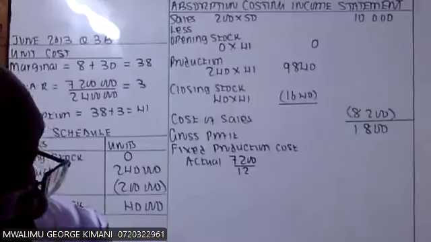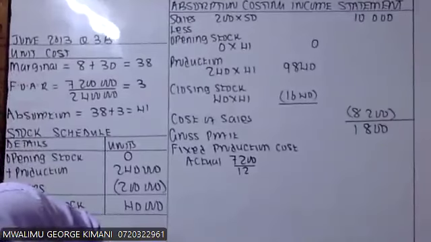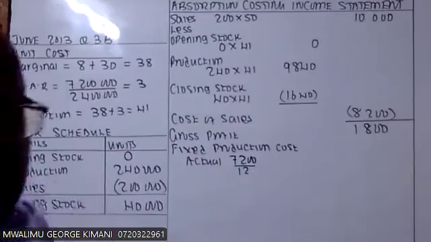Then you tell me what we have. That is 600.